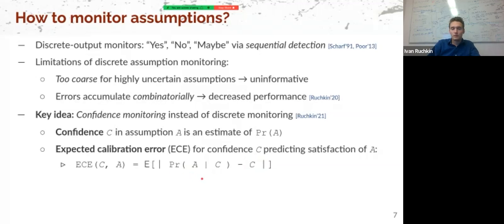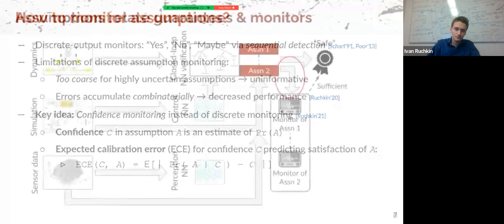For example, if a monitor tells us that it's 80% confident in an assumption, and we repeat such situations, and only in 70% of them the assumption actually holds, that gives us an ECE of 10%. And the best ECE is 0%, that's called perfect calibration. So we'll use these concepts to monitor our assumptions.